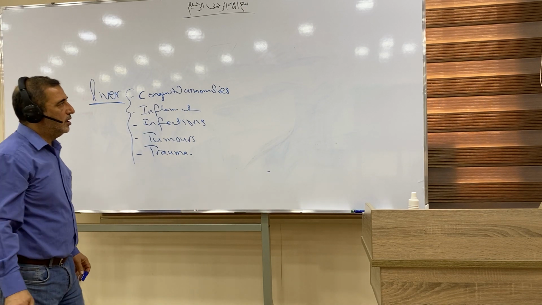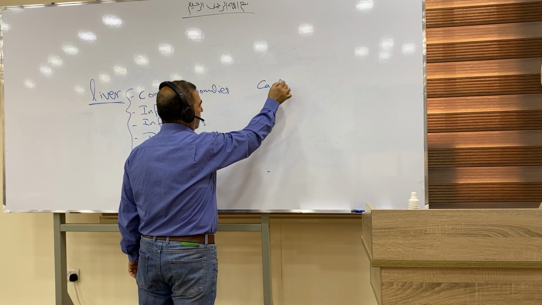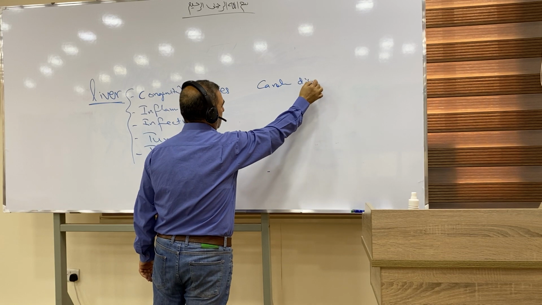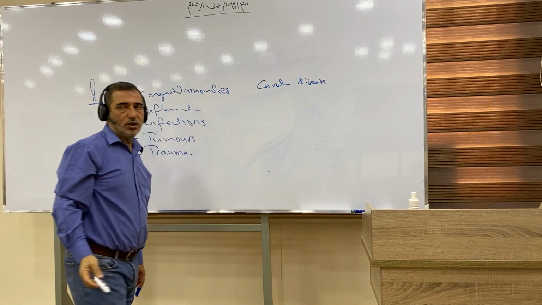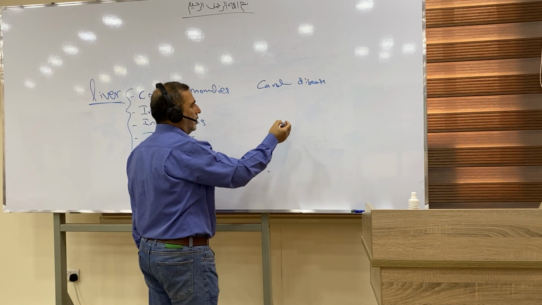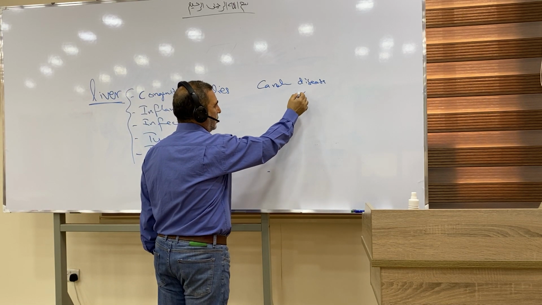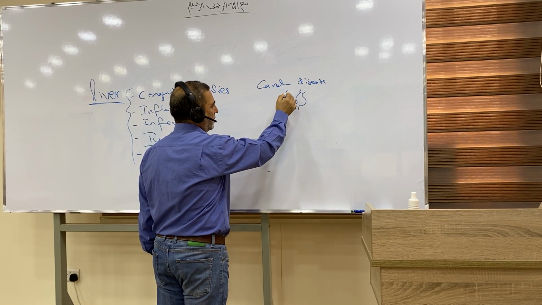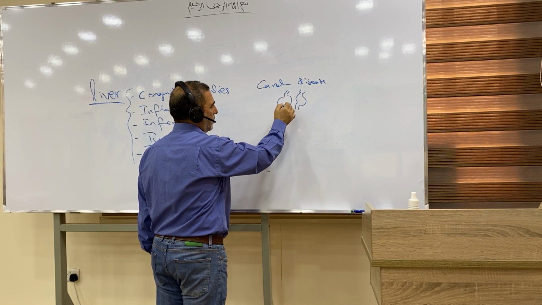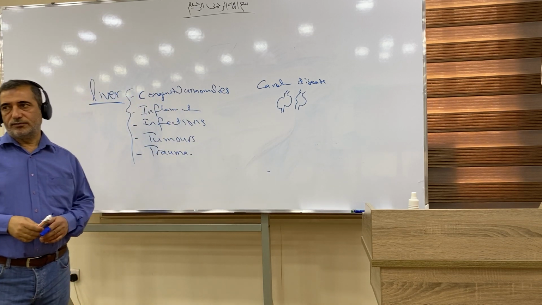For example, inside the liver, we can have what we call Caroli disease. This is congenital. This is an example. Here there is biliary dilatation inside the liver. We call it Caroli disease.